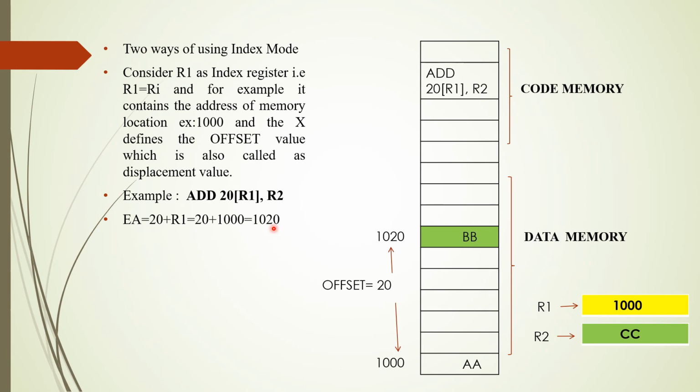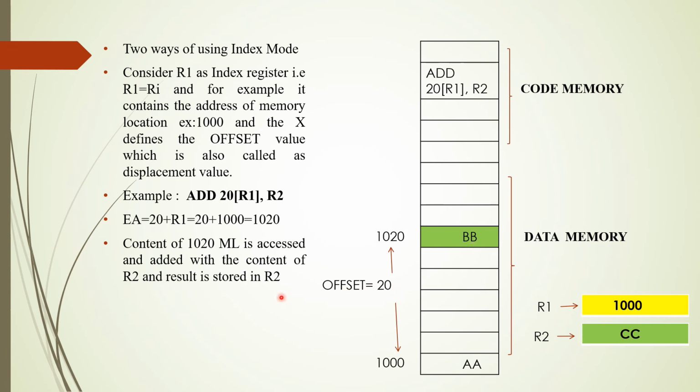So the 1020 memory location is accessed and brought to the ALU, added with the content of R2, and the result is stored in R2. After the execution we can make out R2. Previously it had CC, which is added to the effective address content, that is the 1020 content, BB. So when you add CC plus BB, we get 187 in hexadecimal.